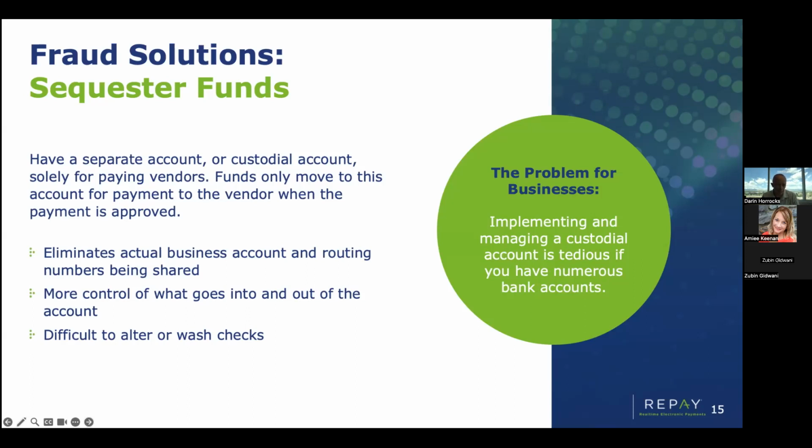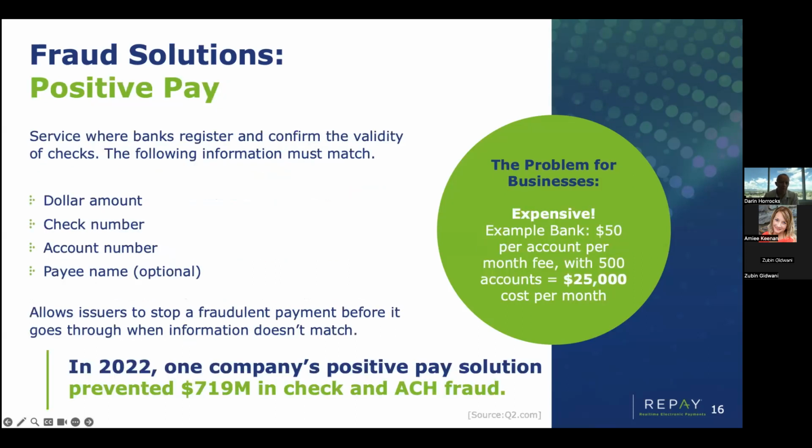It's out in the mail. It's out there with your routing and account number, and the potential for somebody to counterfeit checks associated with that becomes a risk, because now all of the funds in that particular bank account are vulnerable unless you're taking some other steps, which I'm going to talk about next, in the sense of positive pay.